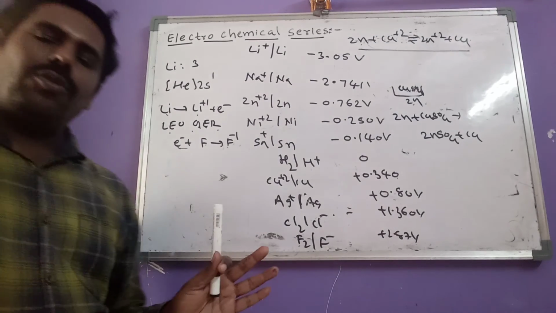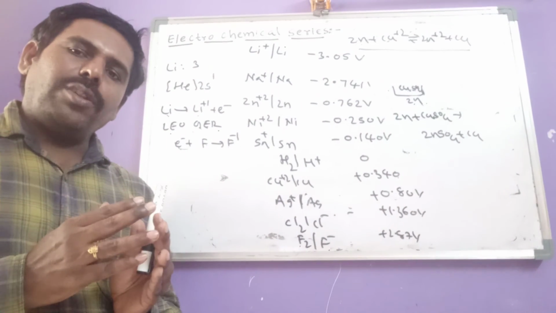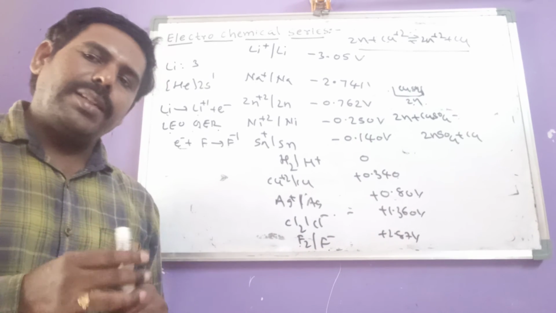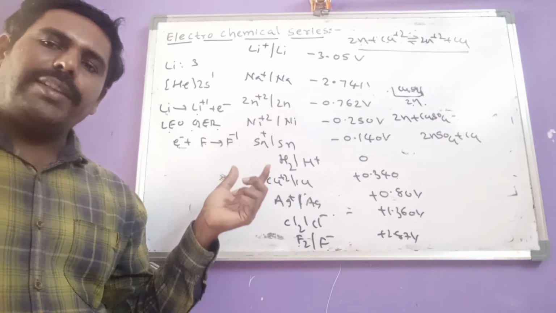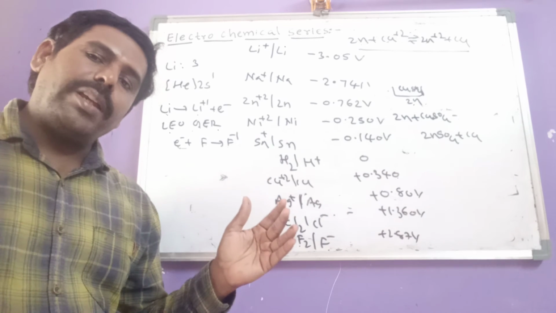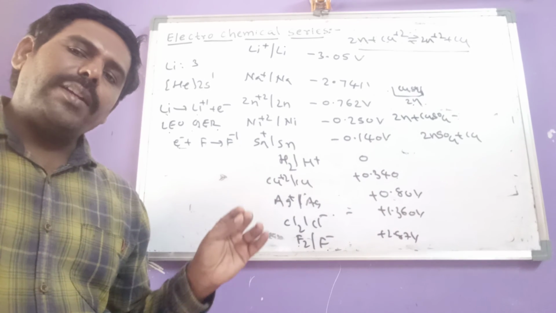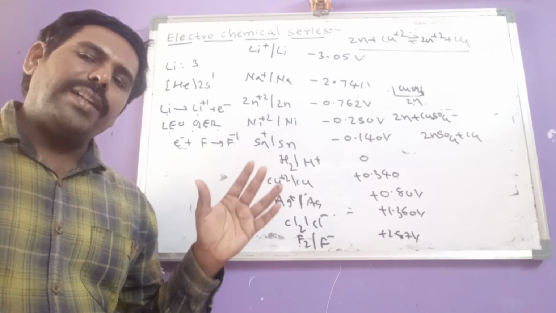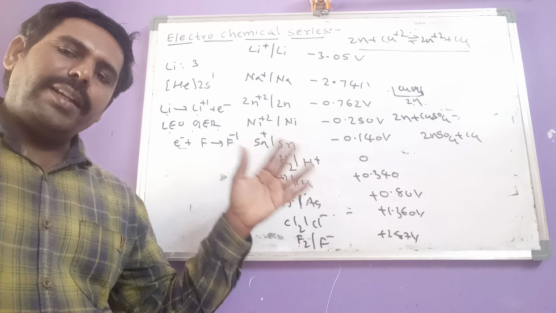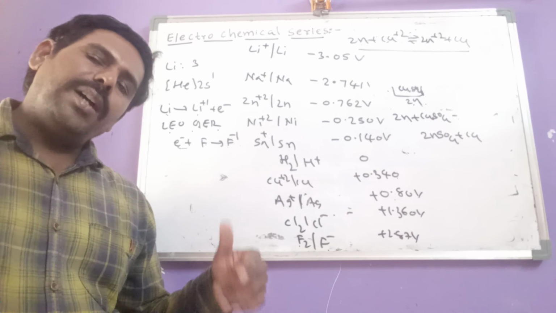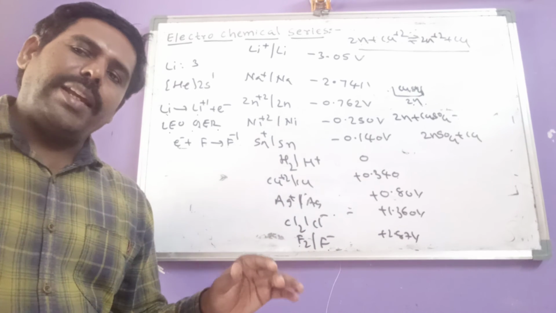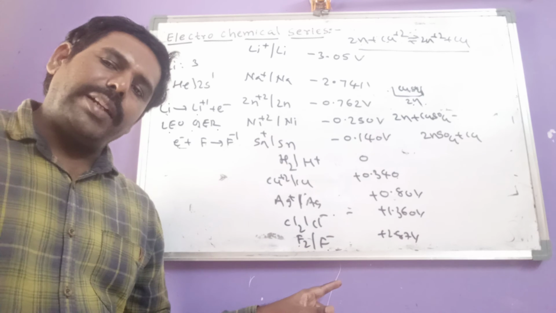So the final conclusion is here. In the electrochemical series, the conclusions we have to take are: first, the electrode with least E naught value or highest negative E naught value itself undergoes oxidation and acts as a reducing agent, and the electrode having highest positive E naught value or highest E naught value acts as an oxidizing agent and itself undergoes reduction.